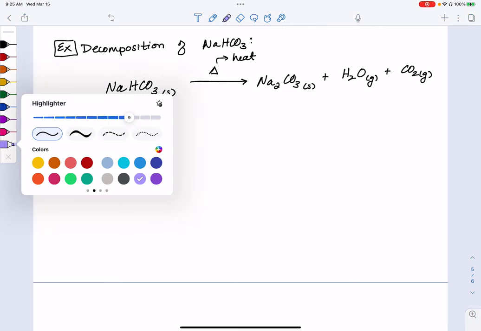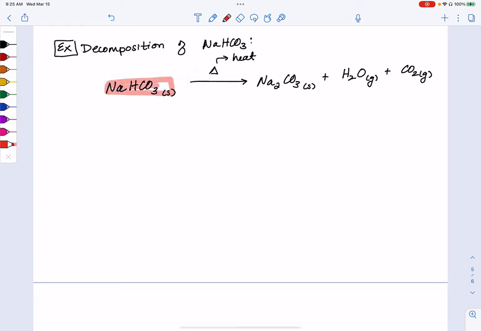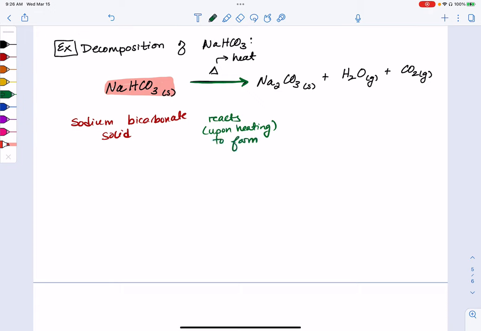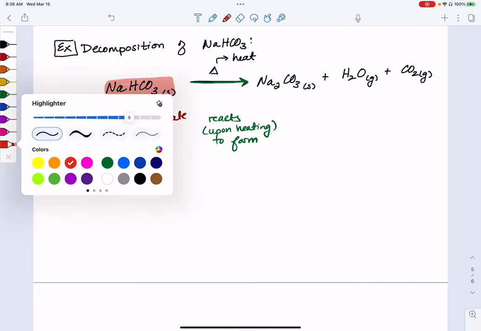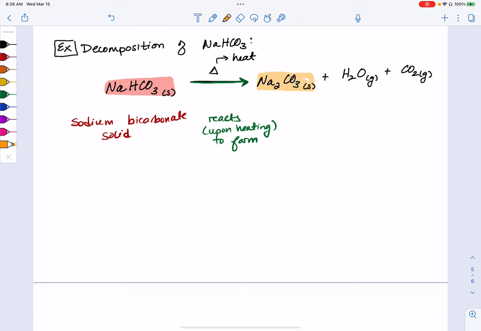If I were to translate this into English, I might say something like: my reactant, sodium bicarbonate, solid, reacts to form, and I'm going to also include that heat's in there, so reacts upon heating, to form, to yield, to make, solid sodium carbonate, product.